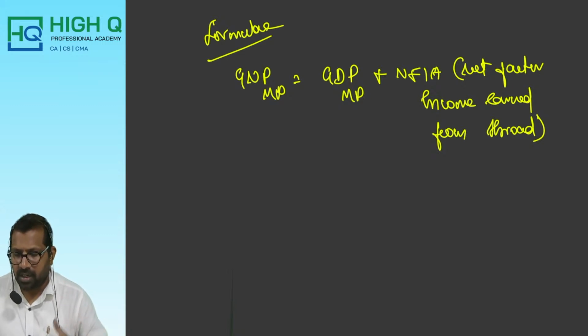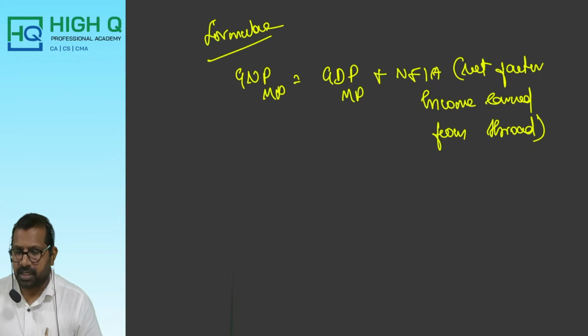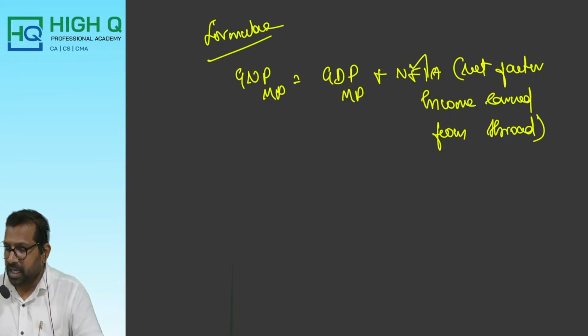If he earned, or if he is doing any business, restaurant business, whatever he has earned, that income can be included to calculate the national income. That concept is called NFIA, net factor income earned from abroad.